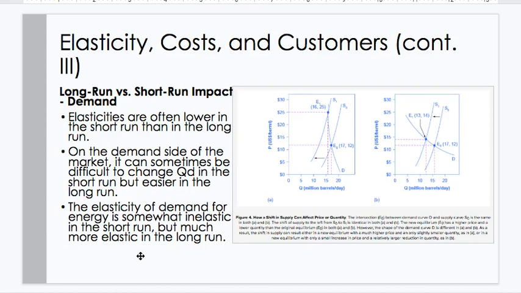On the demand side of the market, it can sometimes be difficult to change quantity demanded in the short run. It's easier over the long run as consumers develop different tastes and preferences. The elasticity of demand for energy is somewhat inelastic in the short run, but it gets much more elastic in the long run as new technologies and substitutes are developed, wind, solar, etc.